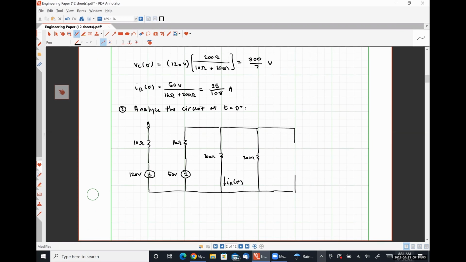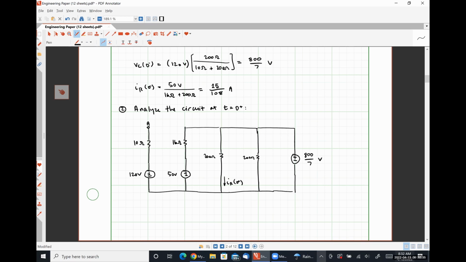So at t is equal to 0 minus, our capacitor has a fixed amount of voltage because we know that the capacitor voltage cannot change abruptly. The current flowing through the capacitor can. So we're going to represent this capacitor at specifically t is equal to 0 plus with an independent voltage source, or an ideal voltage source, having the same polarity: positive polarity on top, negative polarity on bottom, and the same magnitude, 800 over 7 volts, as what we saw at t is equal to 0 minus.